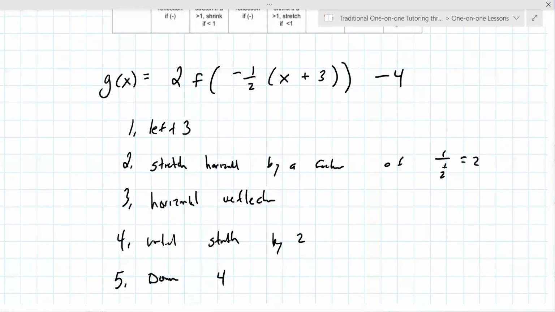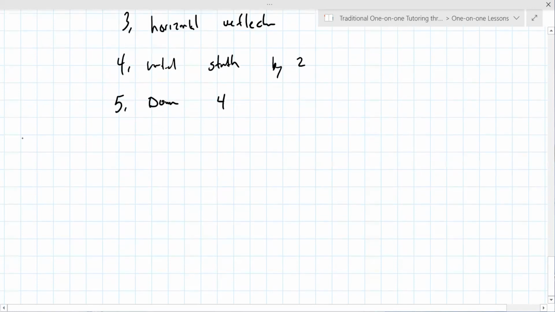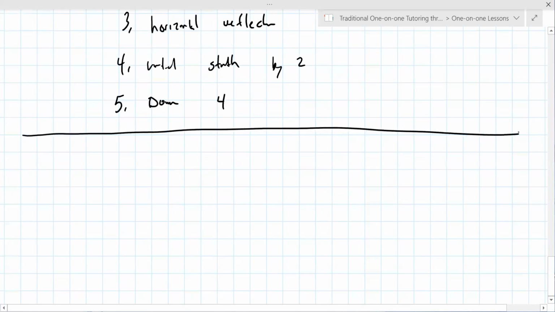Were you able to get most, if not all of that? Yes. Okay, great. So the next type of problem that I could give you is the list of transformations. So let's say f of x is square root of x.